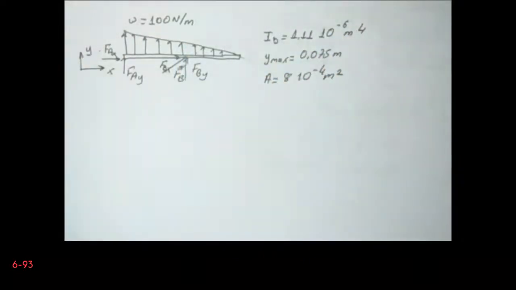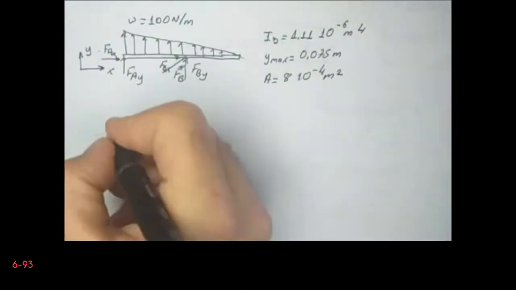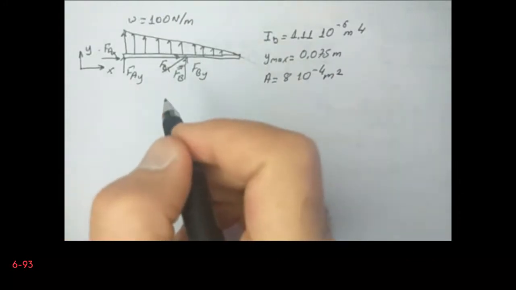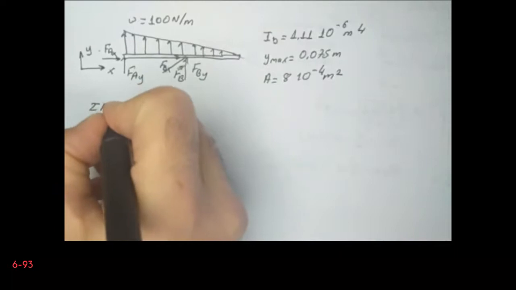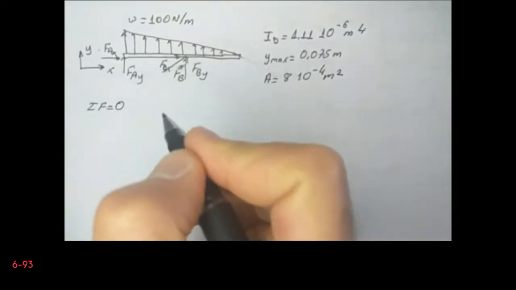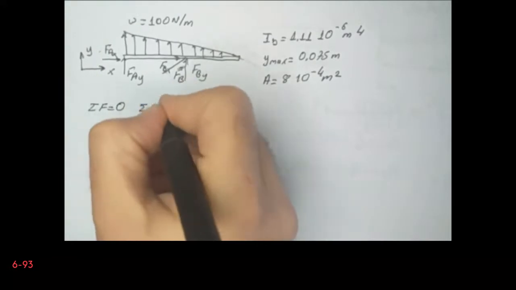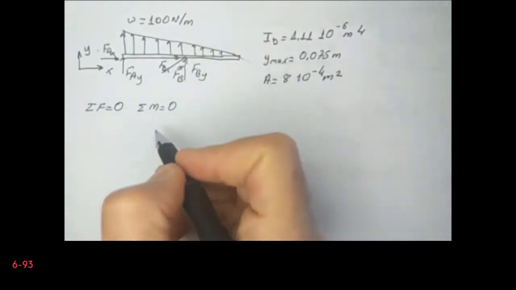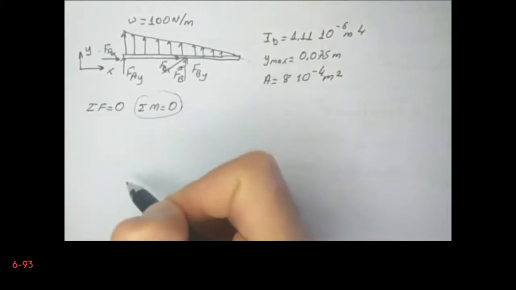Okay, now from the static equilibrium, sum of the forces has to be equal to 0 and sum of the moments has to be equal to 0. In fact, for this problem it is much easier for me to use this rule.